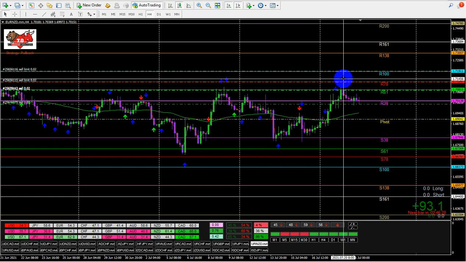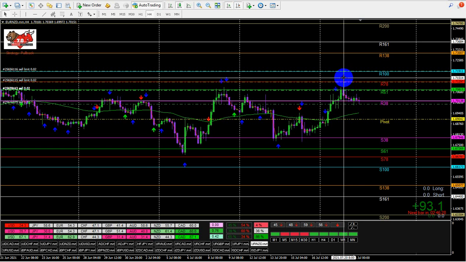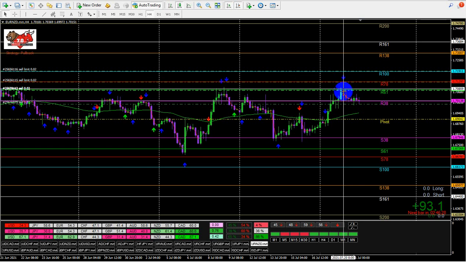That's what I like about Binary Destroyer 7. So once I find that it opens and the arrow is there at R61, I open a trade just there. I open a trade and I place, as you can see, sell limits at R78 and R100. So this is my methodology on how I'm going to take trades from here.